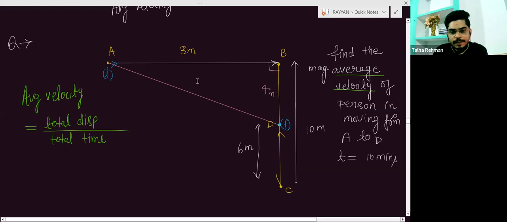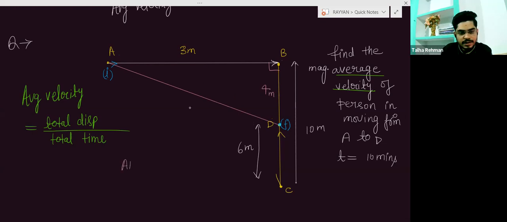So now we can apply the Pythagoras theorem and we can find AD. AD square equals AB square plus BD square. So AD square is 3 square plus 4 square, which is 9 plus 16, that is 25.